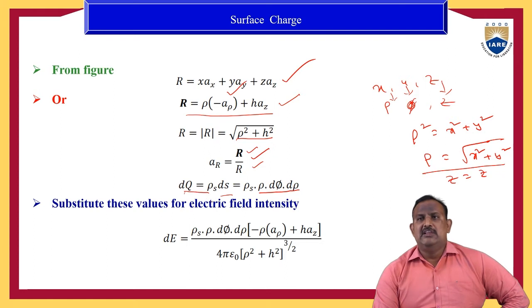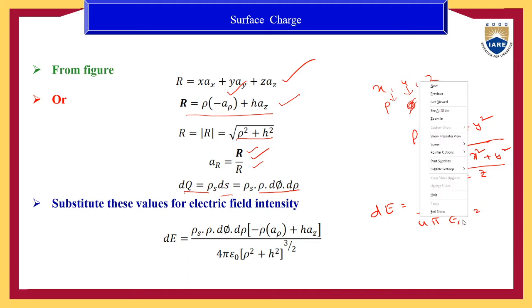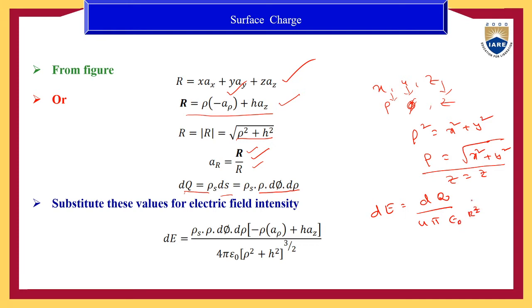Then if you substitute all these values for the electric field intensity, the formula is dE is equal to dq by 4 pi epsilon naught r square into a_r. Or in other way, we can write dE is equal to dq by 4 pi epsilon naught, in place of r, vector r by mod r cube.